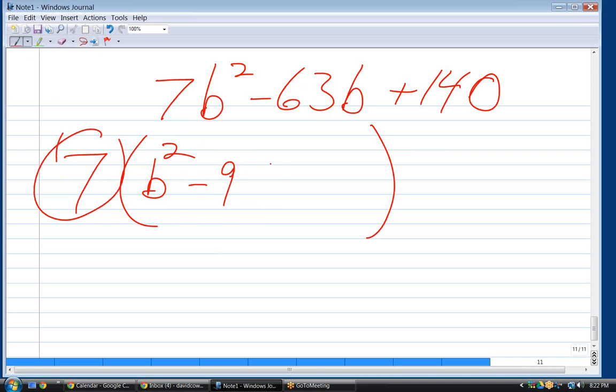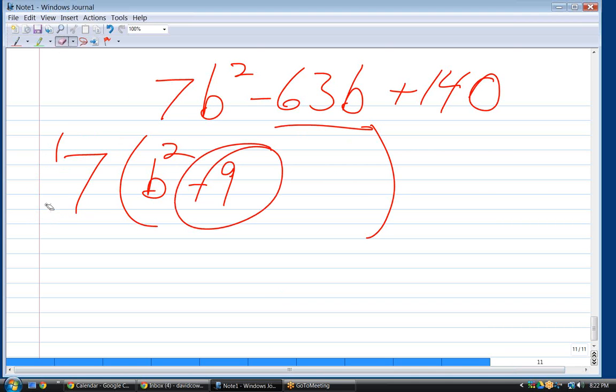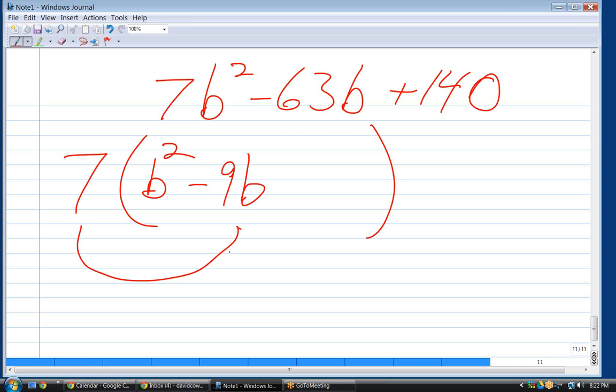Remember that this times this has to be that. So that's always a check. You don't ever want to not do that check, because that instantly tells you whether you've done it correctly or not. When I write 9b and I multiply this times that, I get minus 63b.